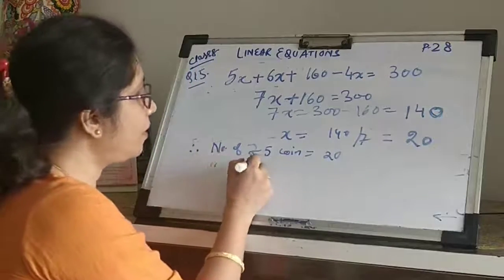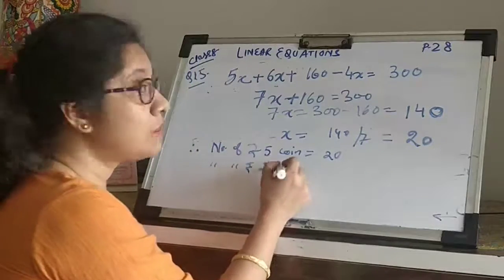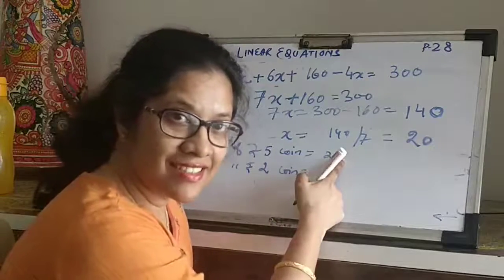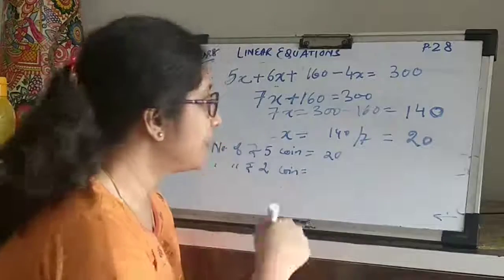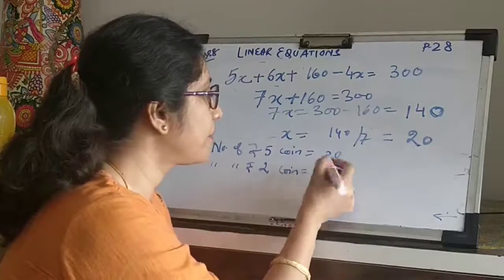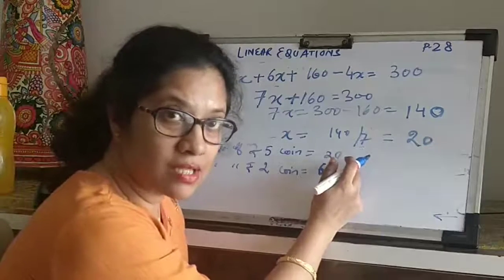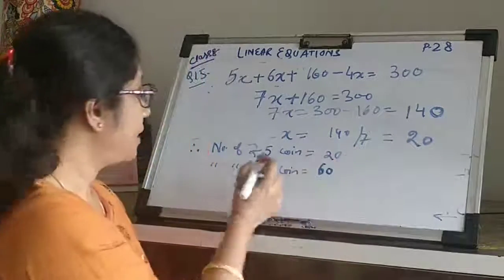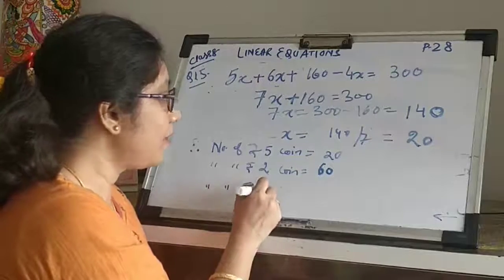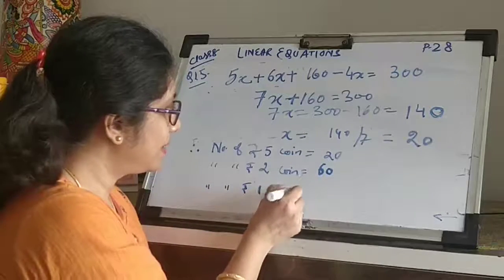Therefore, the number of 2 rupee coins is 3 times the number of 5 rupee coins. So I get 60. 3 times 20, 20 into 3. Okay.